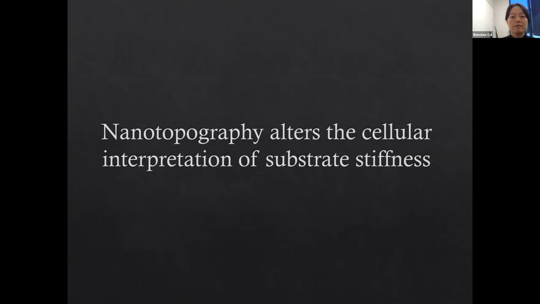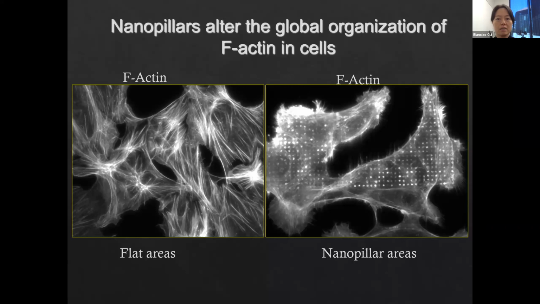What we believe is that nanopillars, or nanotopography, alter how cells see the substrate, particularly substrate stiffness. Our nanopillars are very rigid structures, and the substrate itself is glass. Nanopillar glass is extremely rigid. As I mentioned, nanopillars induce actin accumulation around the nanopillars. But if you look at a zoomed out image over a large area, this is actin distribution on the flat, and this is actin distribution on the nanopillars.